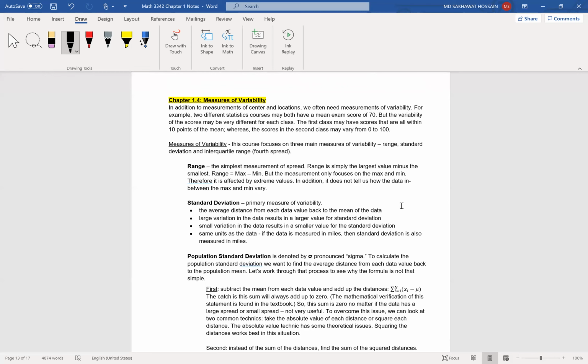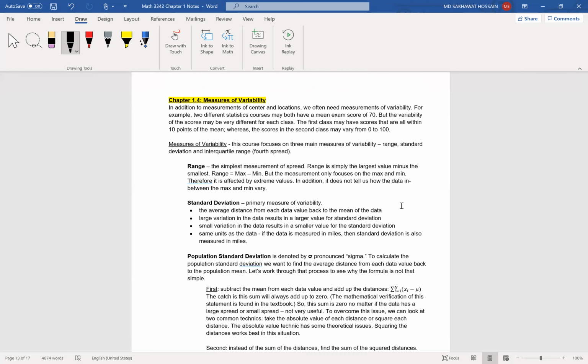Sometimes, based only on the location, we do not have the complete idea about the data. For example, if you want to compare two data sets and you just know the center, or the mean, you have some idea about the data set, but not the complete idea.